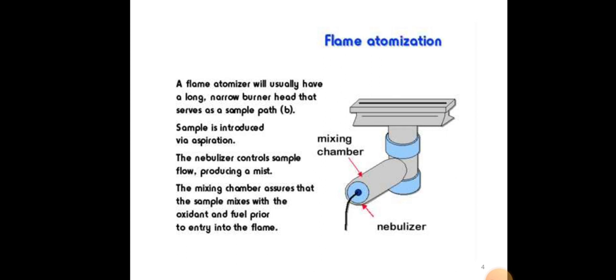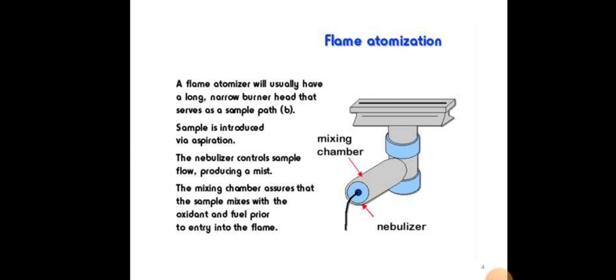So we have a nebulizer at the entrance of the sample. The nebulizer controls sample flow, producing a mist. The mixing chamber assures that the sample mixes with the oxidant and fuel prior to entry into the flame.